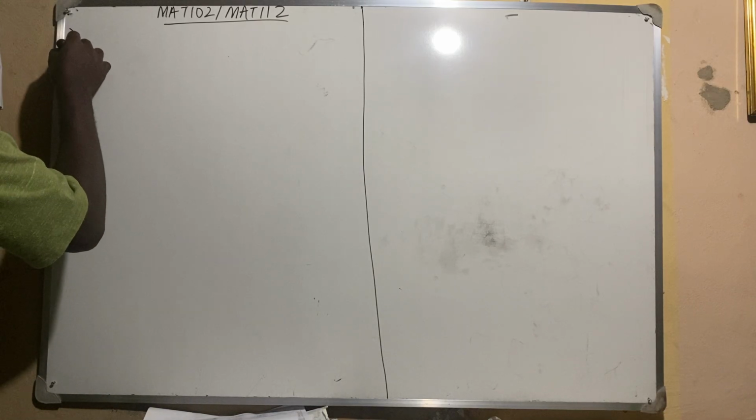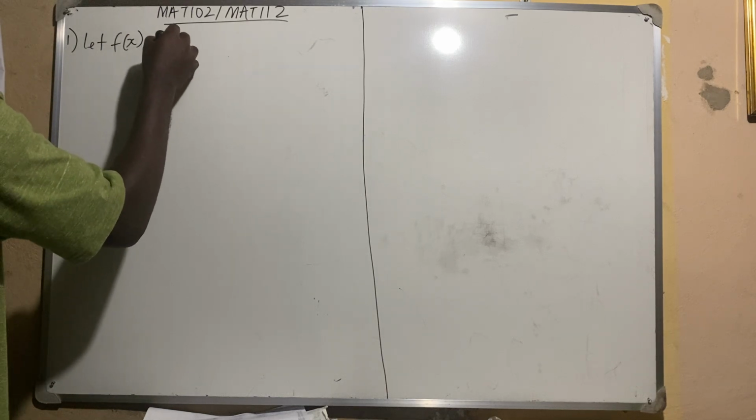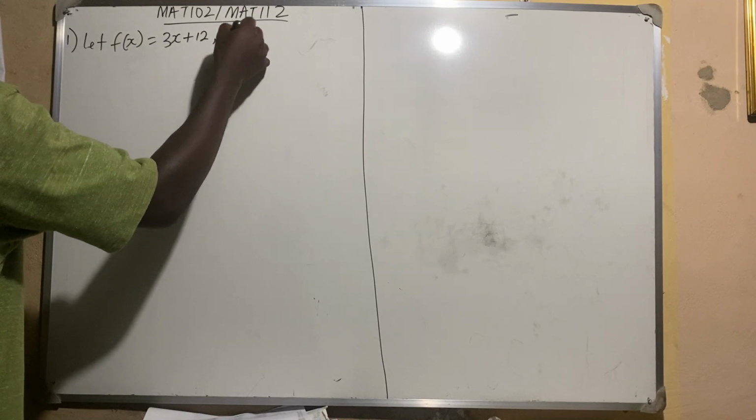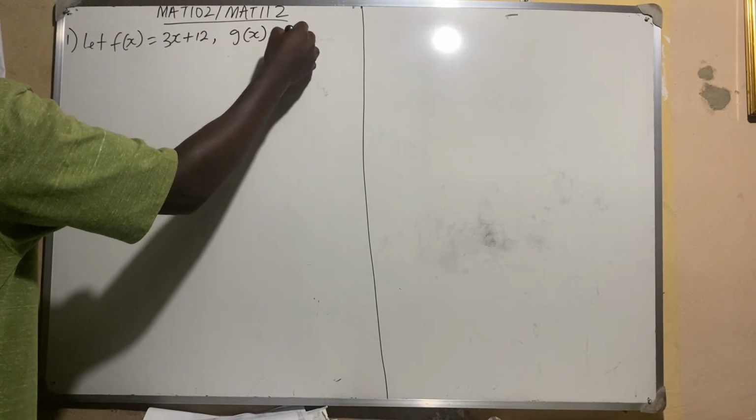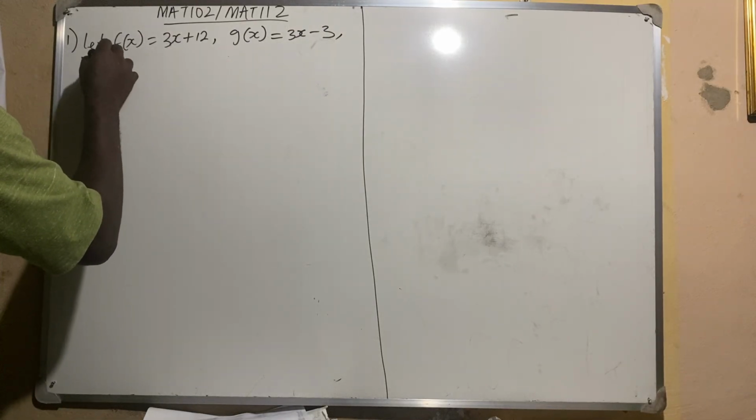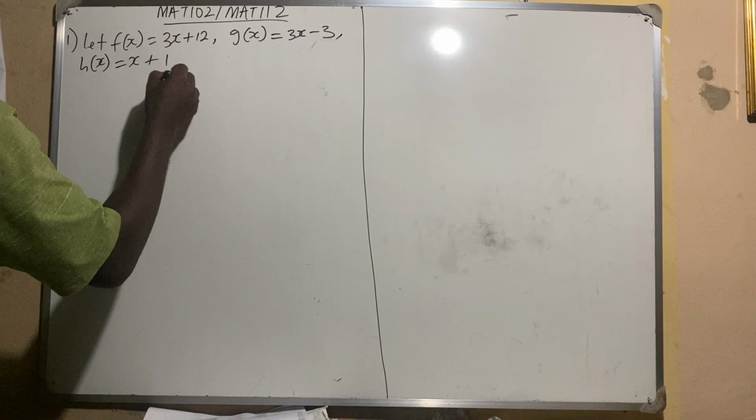Okay, so the first question we're going to solve: number 1. They said let f of x be equal to 3x plus 12, g of x is equal to 3x minus 3, h of x is equal to x plus 1.